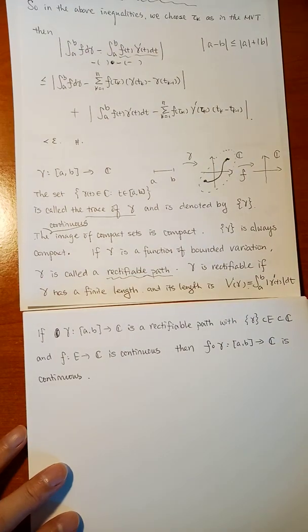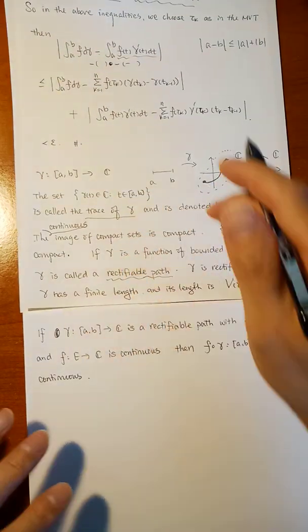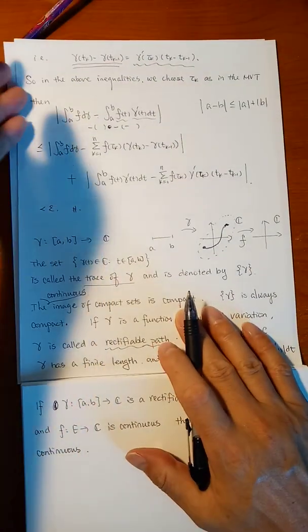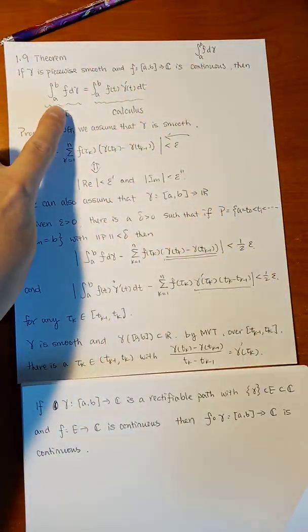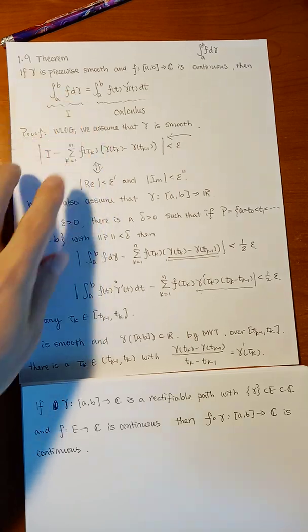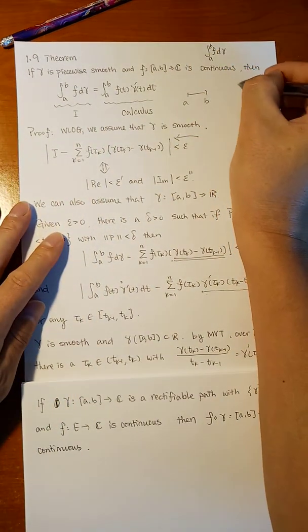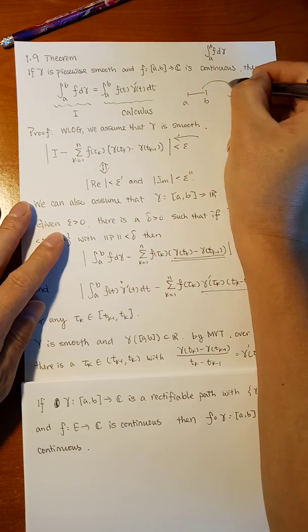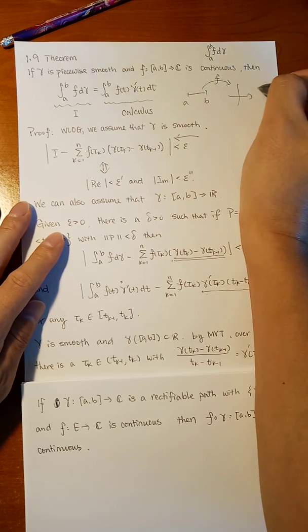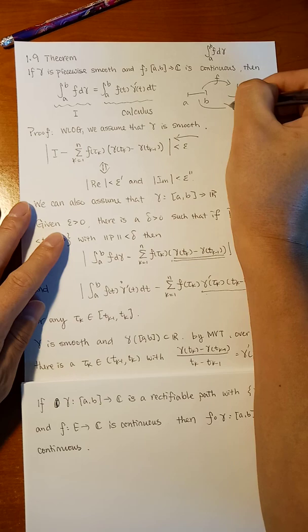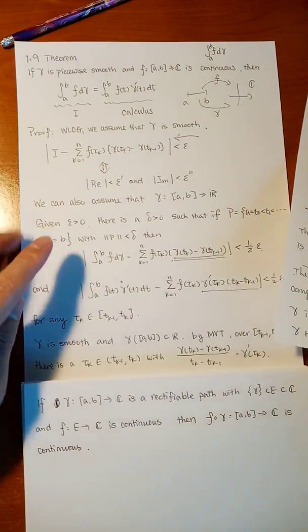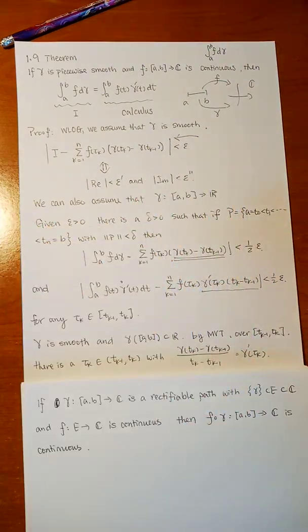And in this sense, remember the previous stuff. What is this f dgamma? f is from [a,b] to C, gamma is also from [a,b] to C, right? That's the definition of an integral with respect to gamma.